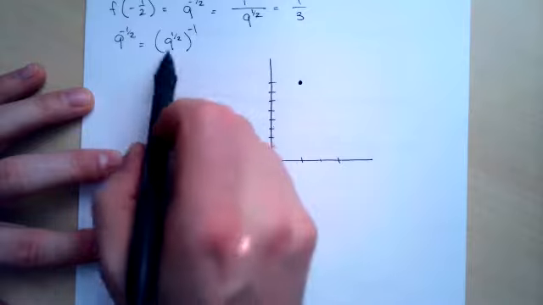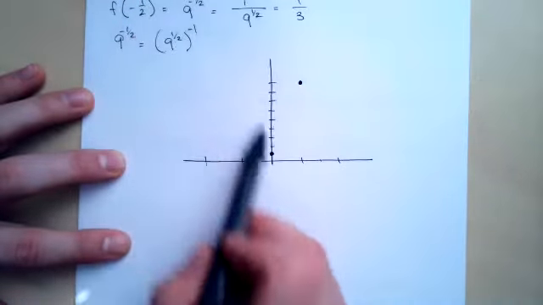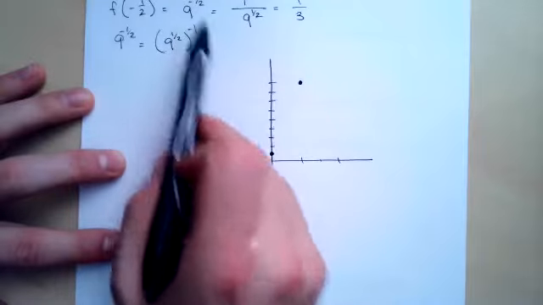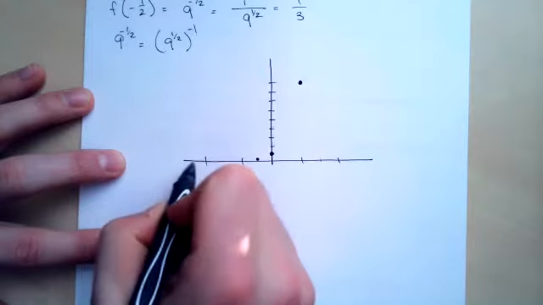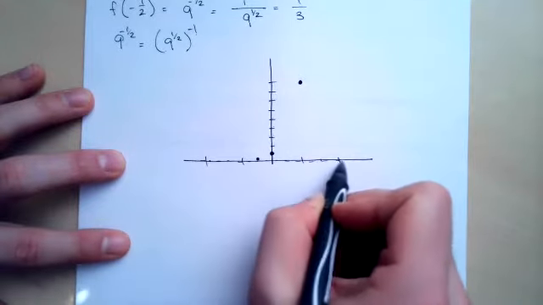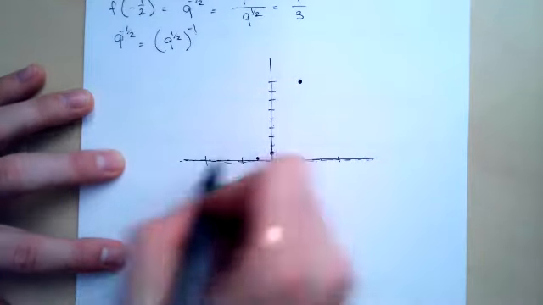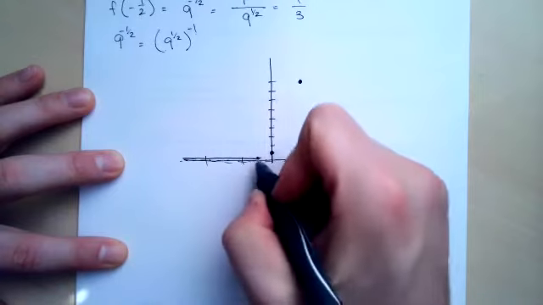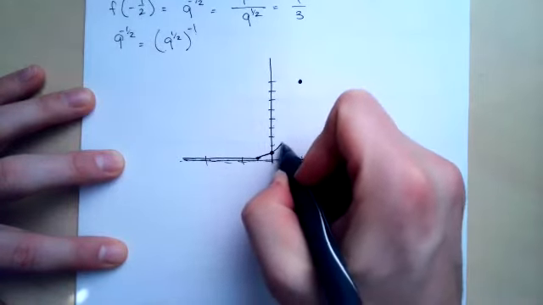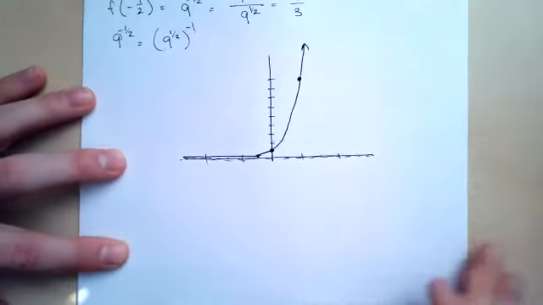And you can imagine, 9 to the smaller fractions that I start to put in, or if I put in a lot of negative numbers, it's just going to give me a smaller fraction. And so we have this horizontal asymptote. And exponential functions never cross their horizontal asymptote. So it's going to be really small, really close to 0. And then it's going to shoot up really fast and look like that.